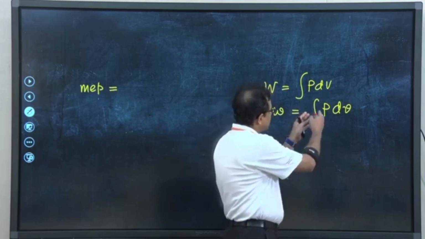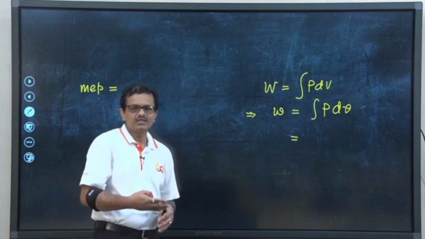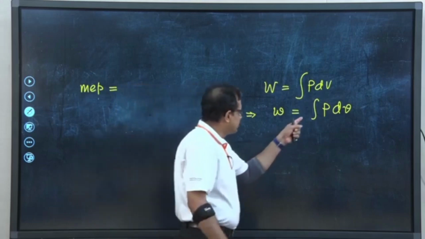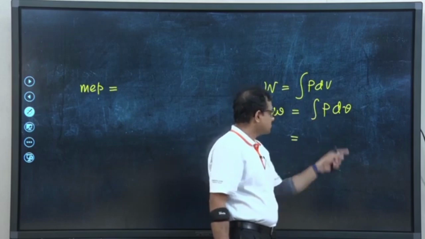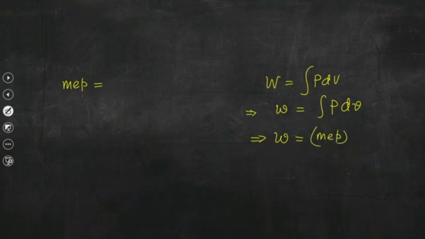So, P is very difficult to calculate because it is changing continuously with time. Also, there is a spatial variation of pressure. So, what we could write in the last class, that W is, we can write mean effective pressure or average pressure, that is the concept we are bringing here, times delta V, and this delta V is basically V TDC minus V BDC.